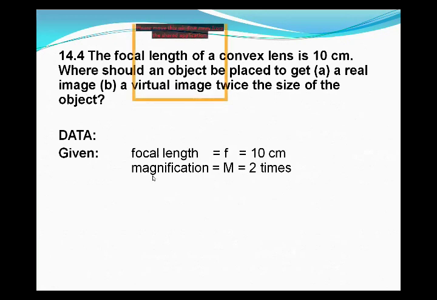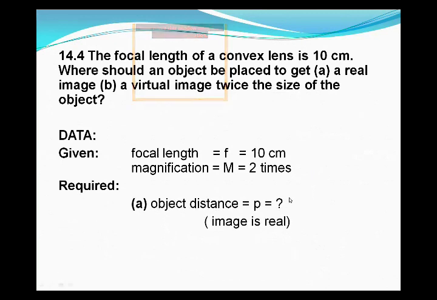So we can say magnification is represented by capital M, and that is equal to 2 times. 2 times means it is bigger or larger compared to the size of the object.